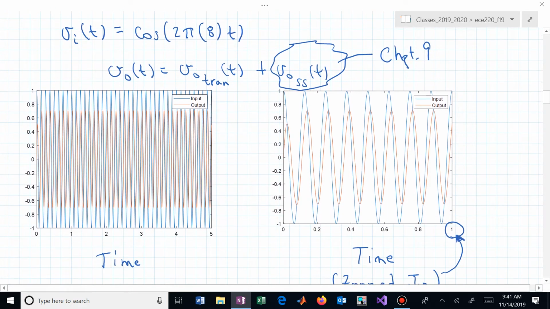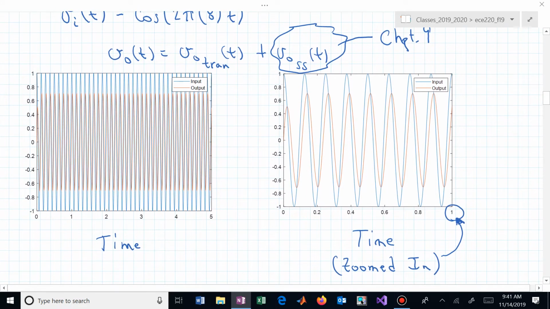And here's a picture of that. I just went into MATLAB, and now if you look at the 5-second duration, you're going, that's just a mess. I can't really see anything. So if we zoom in and expand on our time axis, you can maybe see the difference between the input, which is blue, that's our input sinusoid, and the output, which is red.